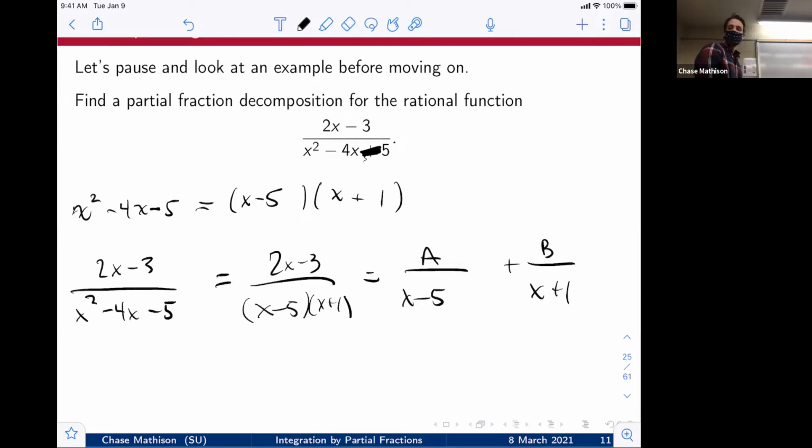All right. And then the big question, how do I find A and B?